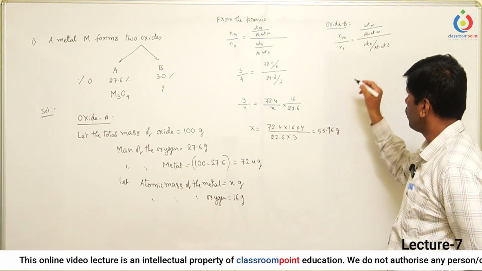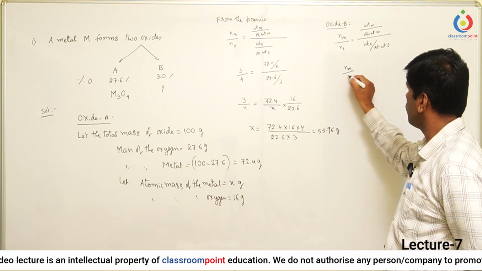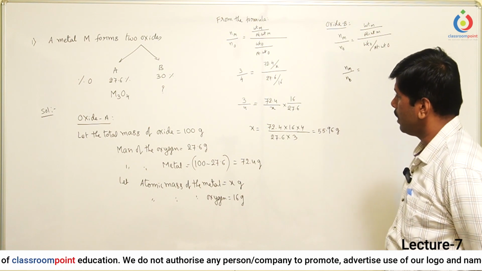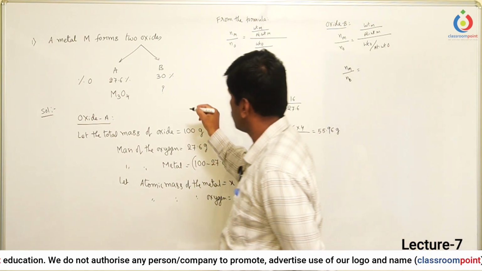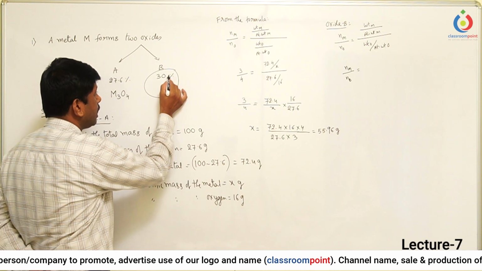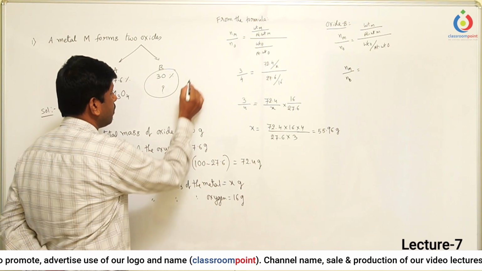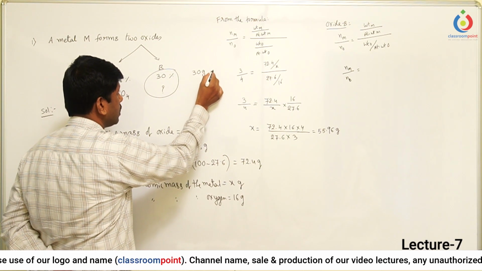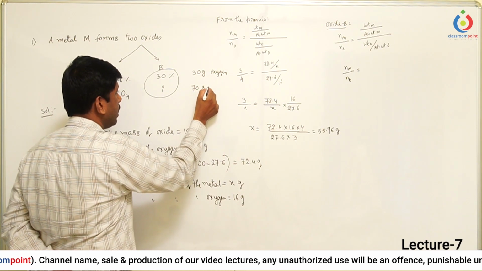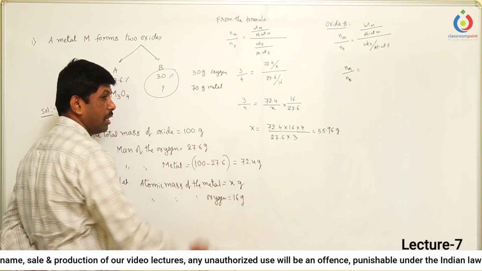So this ratio we have to find out now. In this particular second question, 30% of the oxygen is present, meaning 30 grams of the oxygen, so 70 grams of the metal is present out of 100 grams.